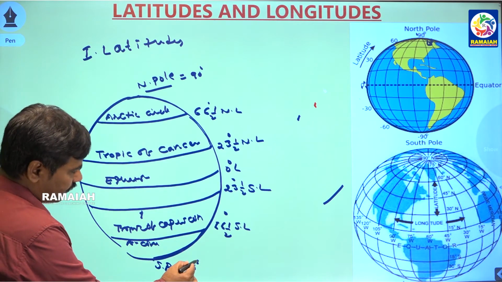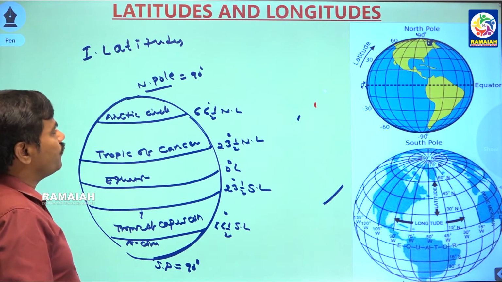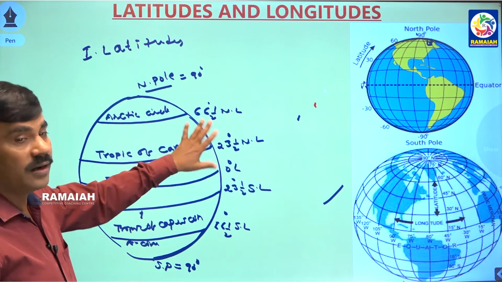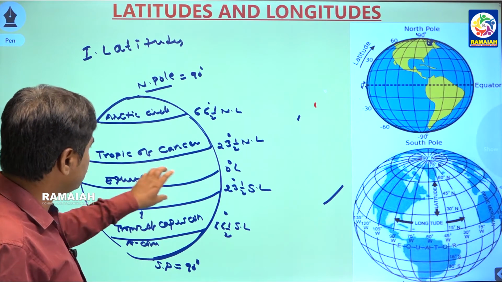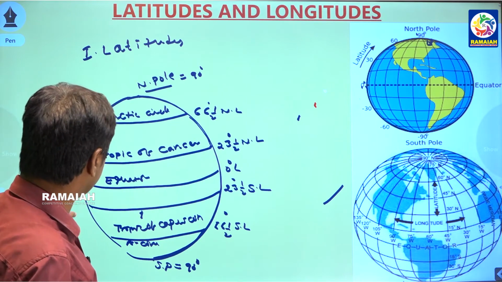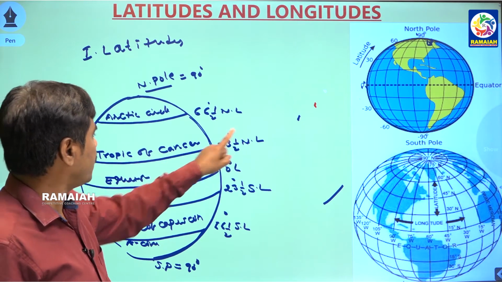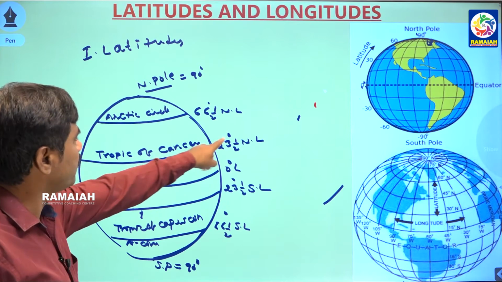Now you can see these are the very important latitudes on Earth's surface. The equator is one of the major circles. So the 23½ degree north latitude is called the Tropic of Cancer.